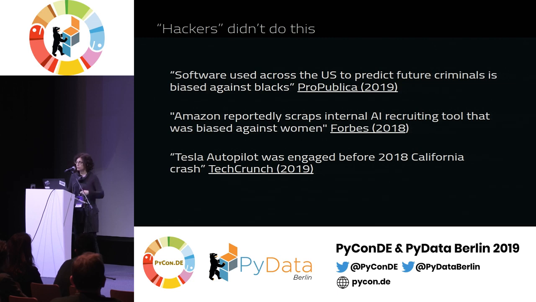And in fact, when you don't, things go wrong. So there's been crashes. There's been systems that were biased against certain specific humans. There's all sorts of things that go wrong. And it wasn't malice. It wasn't hackers. It wasn't adversarial examples. It was lack of time, lack of diversity, lack of many things.